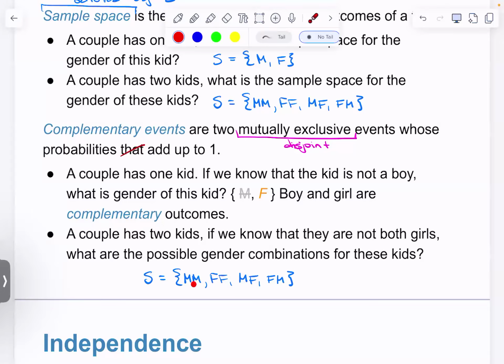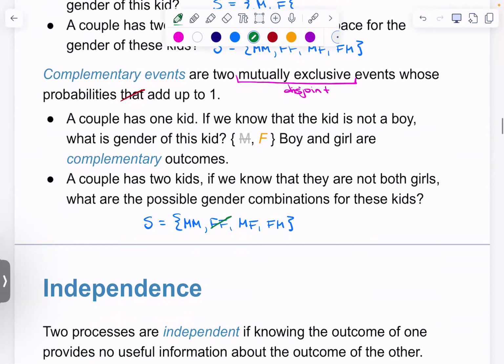Well, it could be male, male, male, female, female, male. So if you list all the possible outcomes, and then you remove the one that you don't want, you have a list of the complementary events.